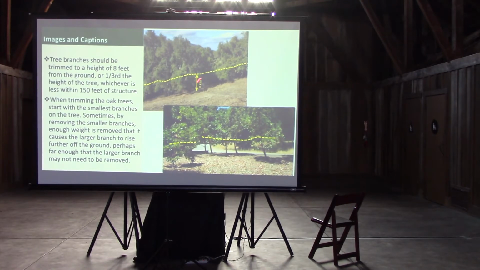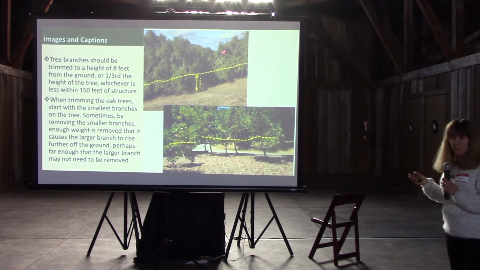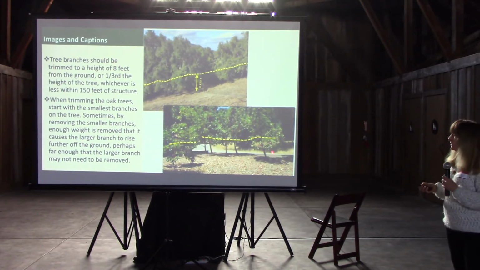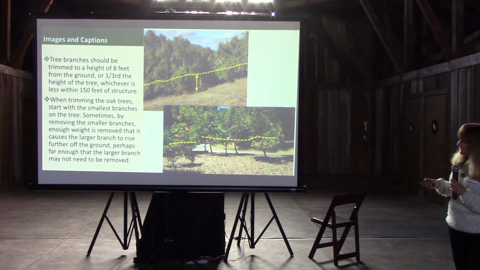If this is 8 feet, it's not necessarily a straight line, but you get the idea. This is assuming all these trees are over 24 feet tall. If these trees are 12 feet tall, you'd only be trimming them up about 4 feet. These trees are even a little shorter, so maybe they only get trimmed 3 feet.